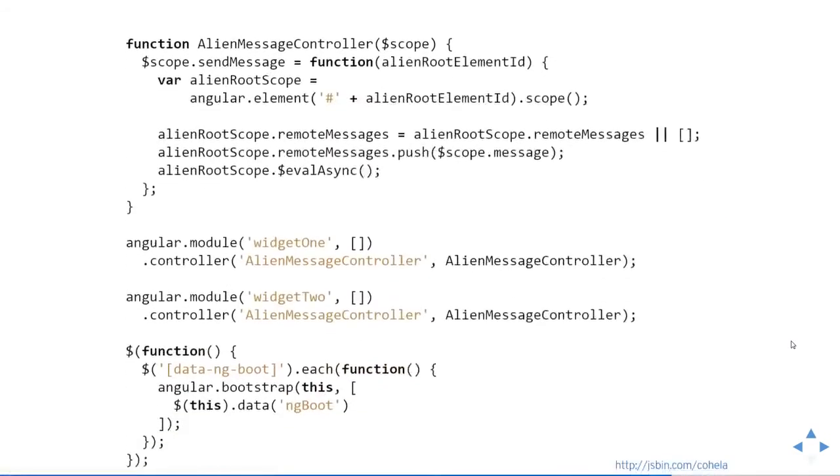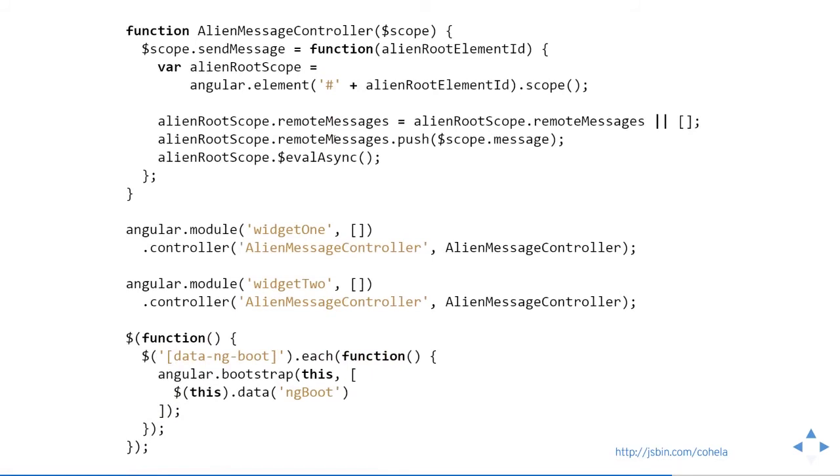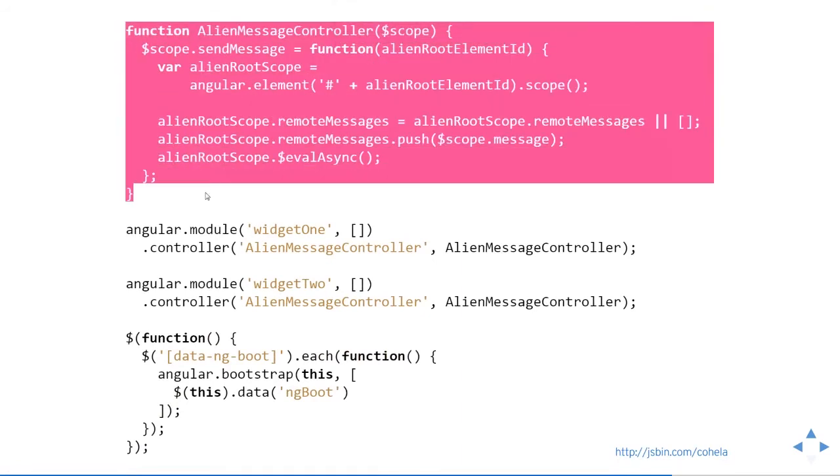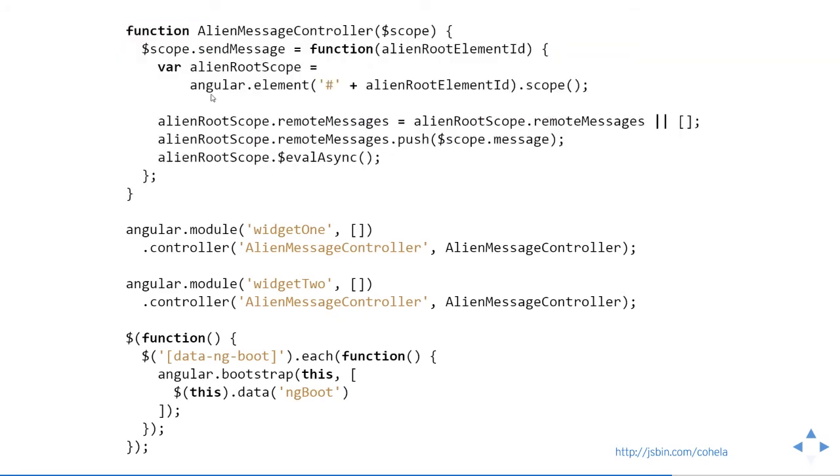But to look at the code, what's going on here to communicate between two widgets, it's really not complicated. We create a controller function, and this is only the function, so we can share it across a lot of modules. It doesn't matter, it's the function, not the instance, right? So we create it only one time, but we use it in both of our modules.